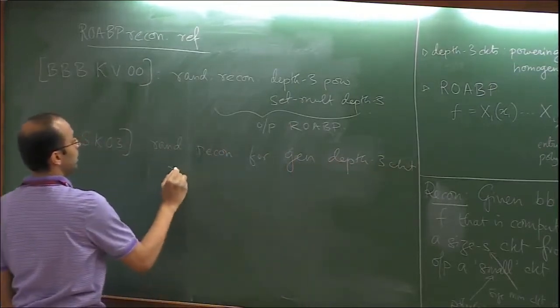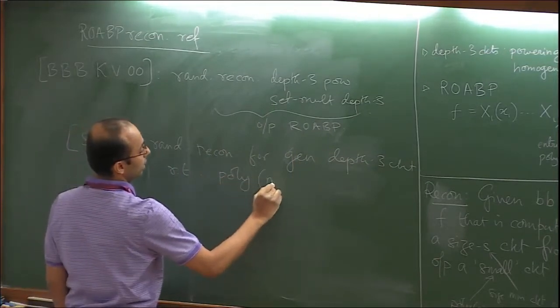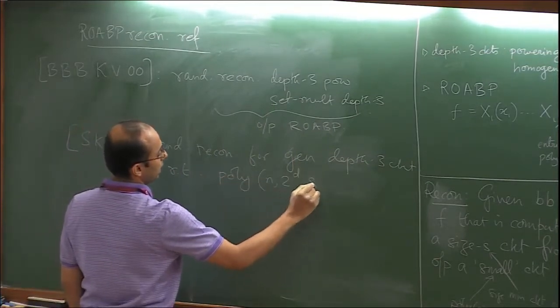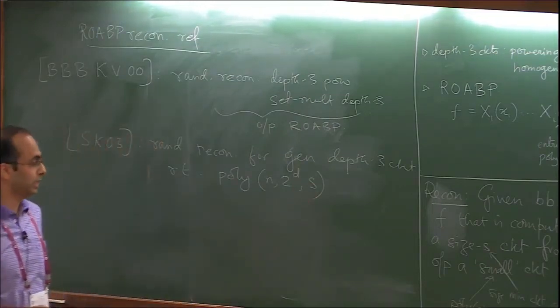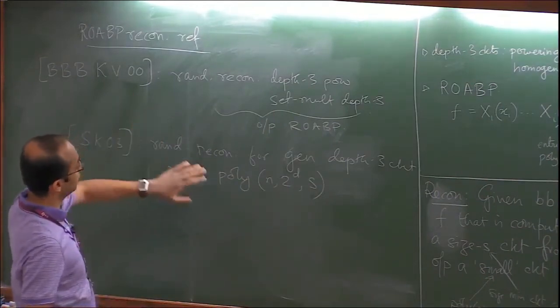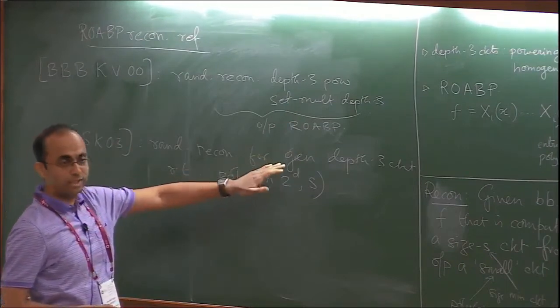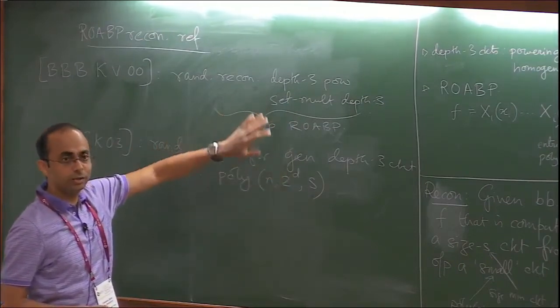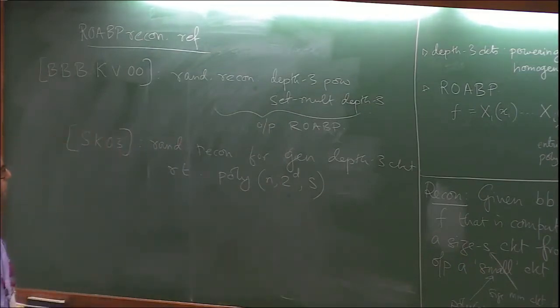But the running time is poly in n, 2 power d, and s, where s is the top fan-in of the depth 3 circuit. I say building upon this because it's just a matter of transforming a general circuit to a depth 3 powering circuit using Fischer's formula, and that's where the blow up of 2 power d comes in.